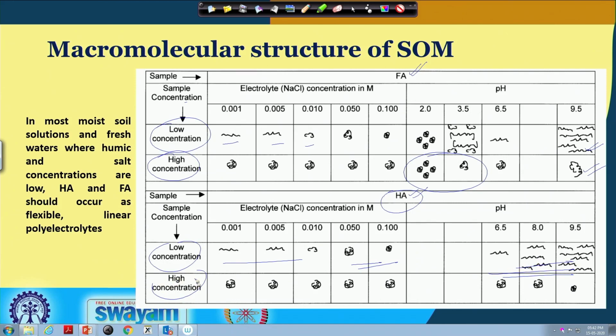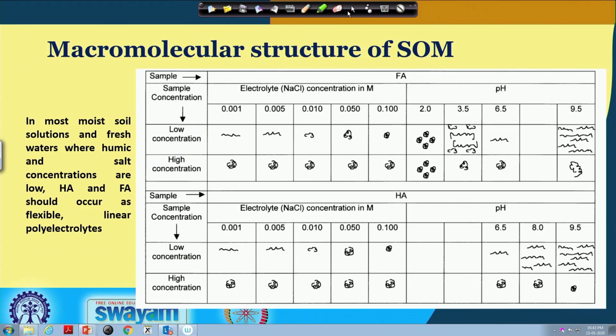And in the combination of high concentration and low electrolyte concentration, we are getting spherical structures. Also, at different pH conditions like 6.5, 8 and 9.5, we are getting spherical and rigid structures. So this is how, depending on the concentration of the sample as well as the electrolyte concentration and pH, the structure of different humic acid and fulvic acid molecules changes.